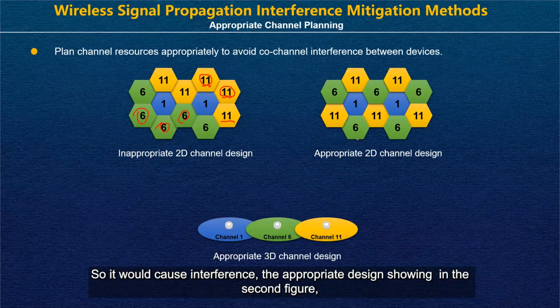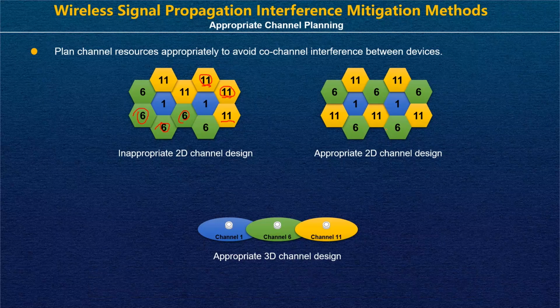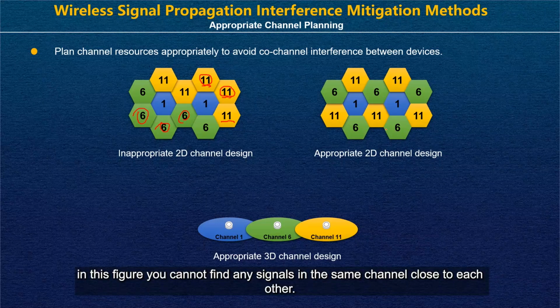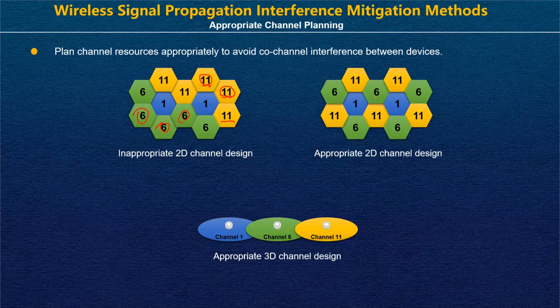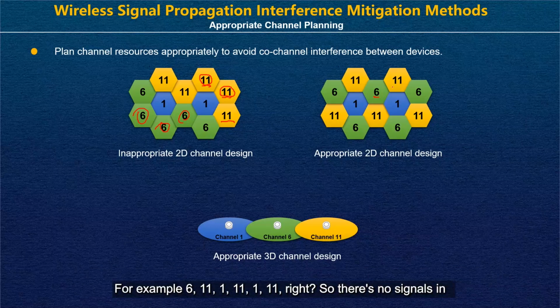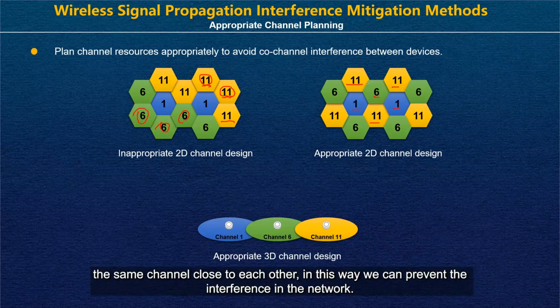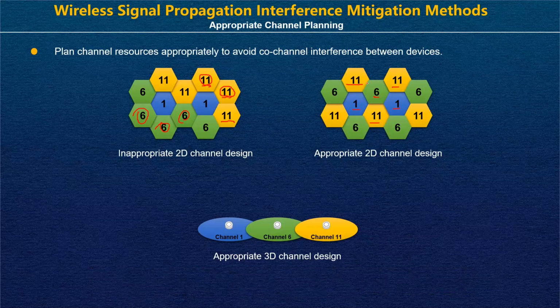The appropriate design is shown in the second figure. In this figure, you cannot find any signals in the same channel close to each other. For example, 6, 11, 1, 11, 1, 11. So there are no signals in the same channel close to each other. In this way, we can prevent the interference in the network.